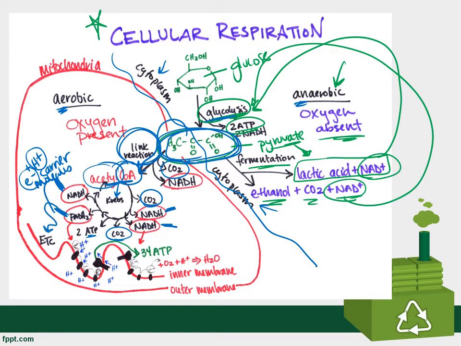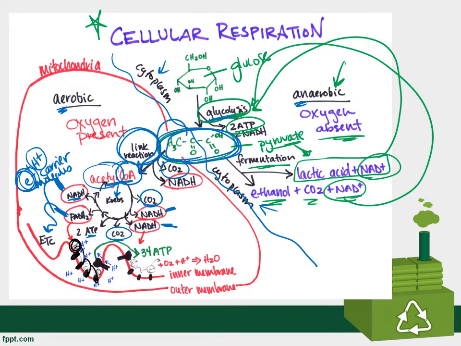The electron transport chain literally is going to transport electrons. So we're going to take those electrons that were carried by NADH, and we're going to drop them off on these proteins that are embedded in the inner membrane of the mitochondria, the proteins of the electron transport chain. The electrons are going to jump, jump, jump along these proteins.